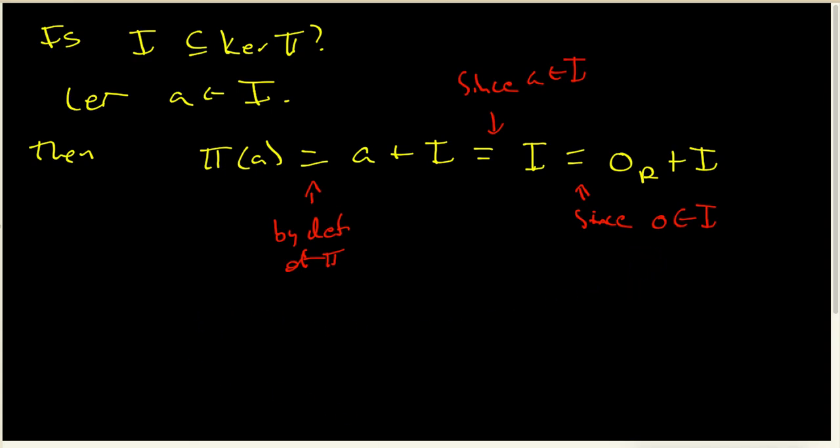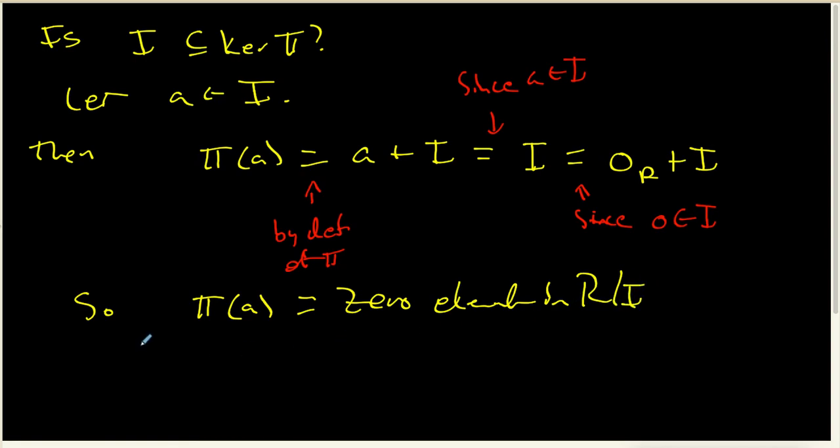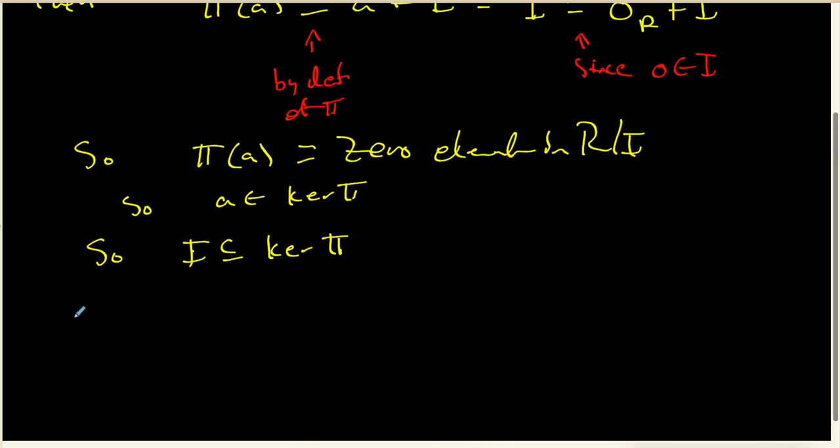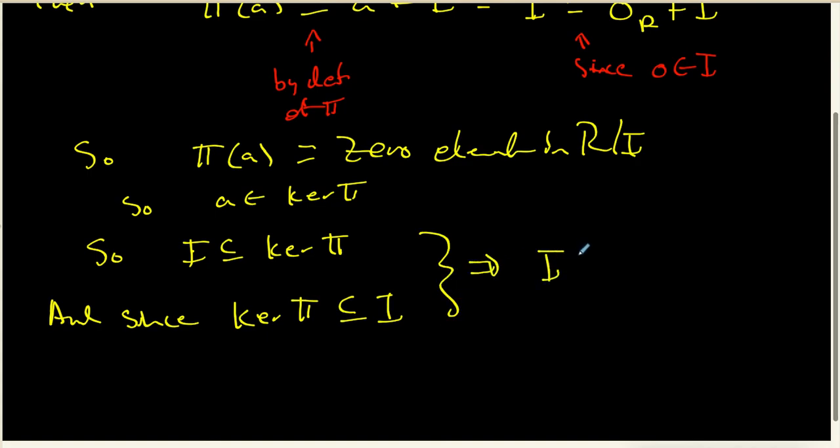Well, what this says, when we think about it, is that pi of a is indeed the 0 element in our target ring R mod I, so a is indeed inside the kernel of pi, and that means we have shown that I is a subset of the kernel of pi. Now, putting this together with our first inclusion, we already know that the kernel of pi is a subset of I. These two things together say I is actually equal to the kernel of pi.